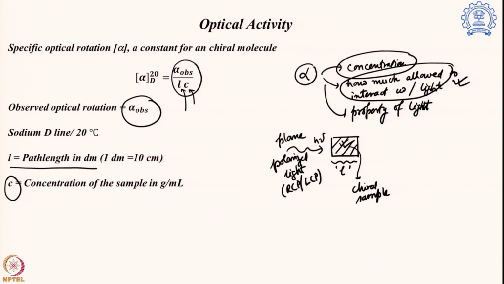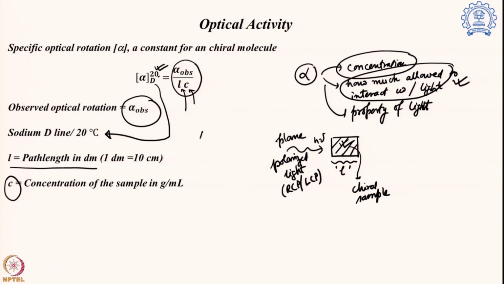Now we measure this optical rotation at a particular condition. So generally it is at 20 degrees centigrade, so that is why this 20 term is given over here. And this D is defined by the sodium D line, which is actually a line coming from a sodium lamp at a particular wavelength.